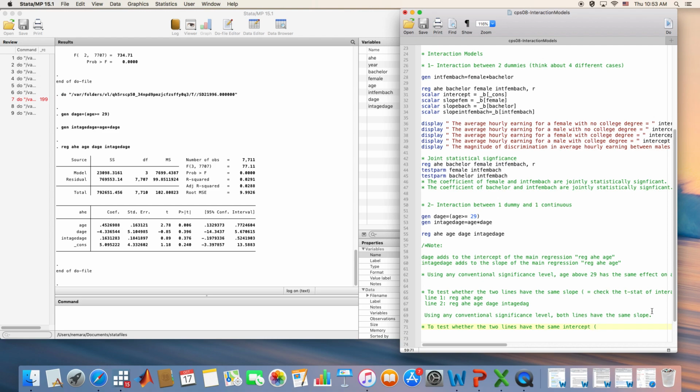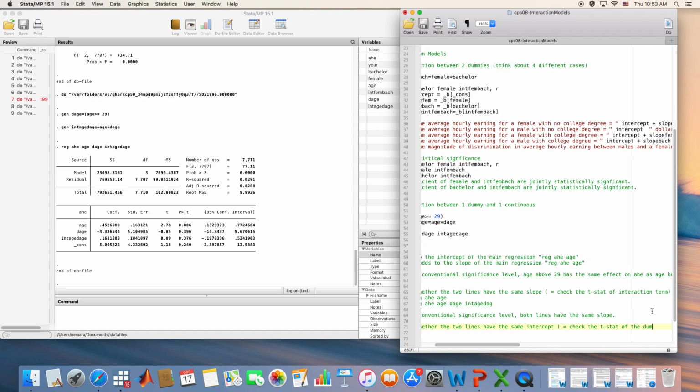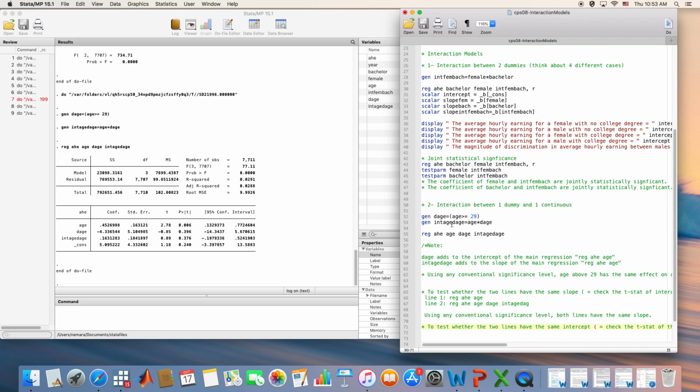It's equivalent to checking the t-stat of the dummy, which is DH, because DH is the only thing that is going to add to the intercept of this relationship. DH is the only coefficient that we can add to the 5.09 here, which is the intercept.